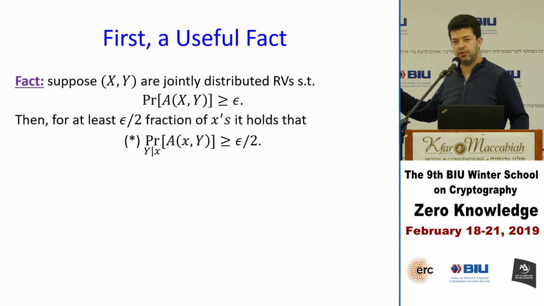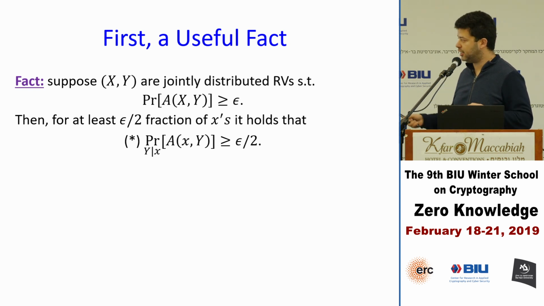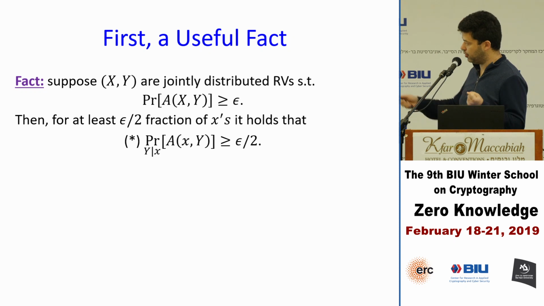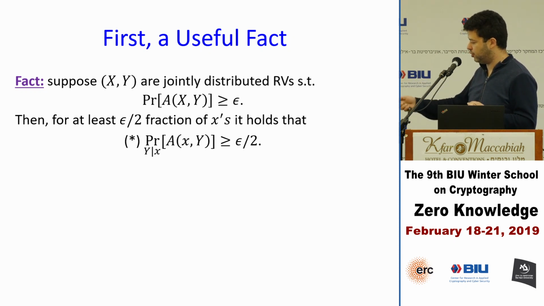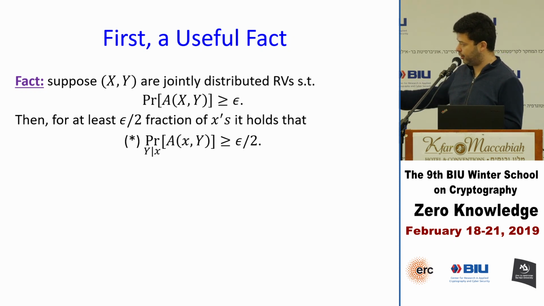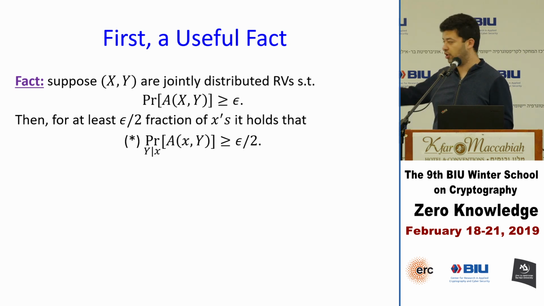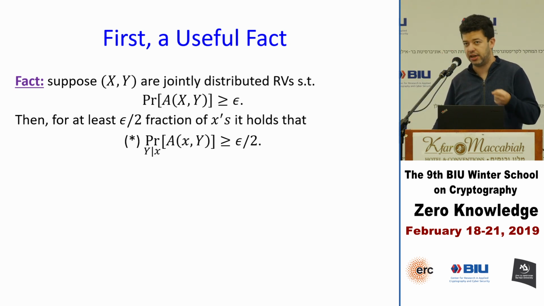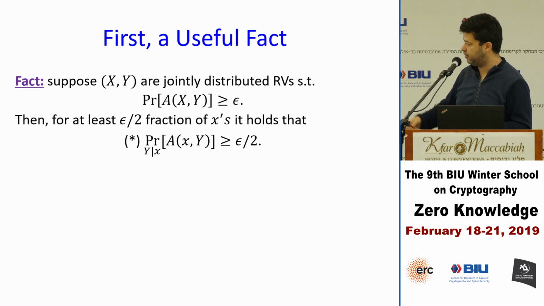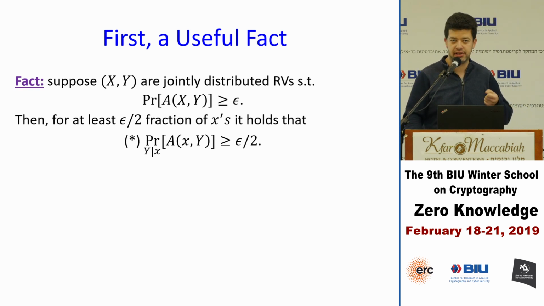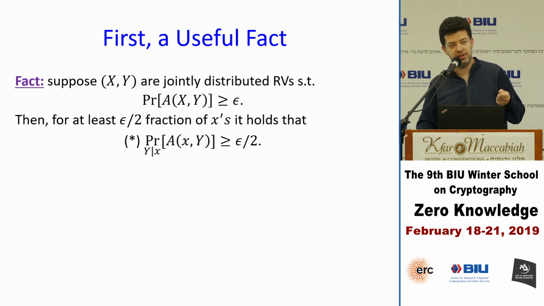Then what the fact states is that, if over a random sample of x and y the event happens with probability epsilon, there is some non-trivial fraction of x's in this probability space, so that the event A relative to this fixed little x, and a random sample of y conditioned on little x, still happens with non-trivial probability.